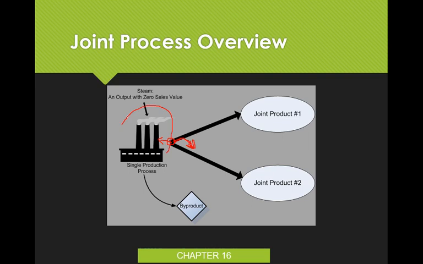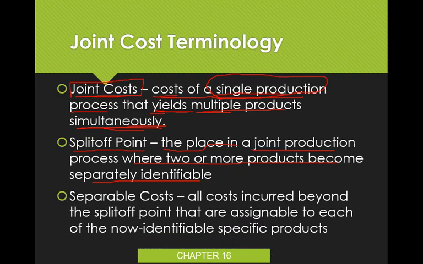The cost before the split-off point we will call joint cost, and the cost after this point we will call separate cost or separable cost. The cost before we call joint cost, تكاليف مشتركة, and the cost after we call separate cost, which is تكاليف خاصة in Arabic.